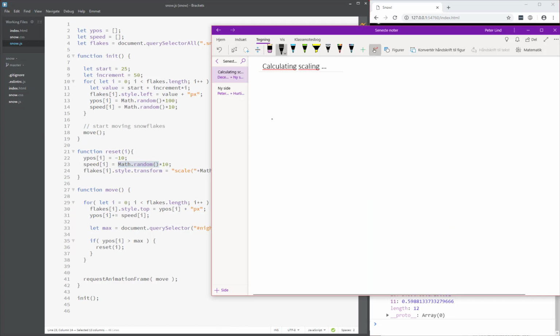Let's see if we remember how to calculate ratios. If we have a number line from 0 to 1, then 0.5 would be somewhere in the middle, and we have 0.4, 0.3, 0.2, 0.1, 0.6, 0.7, 0.8 and 0.9.